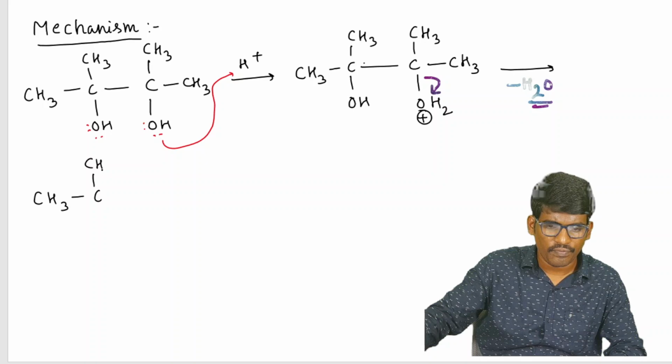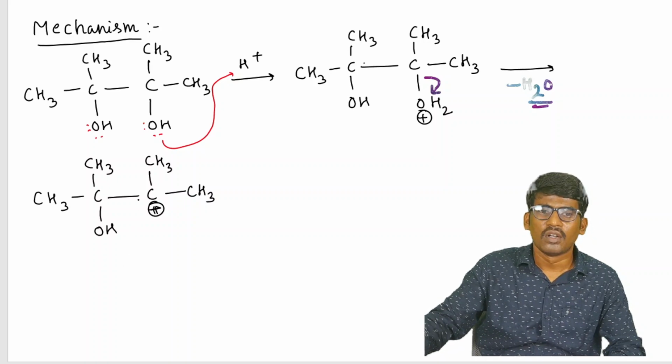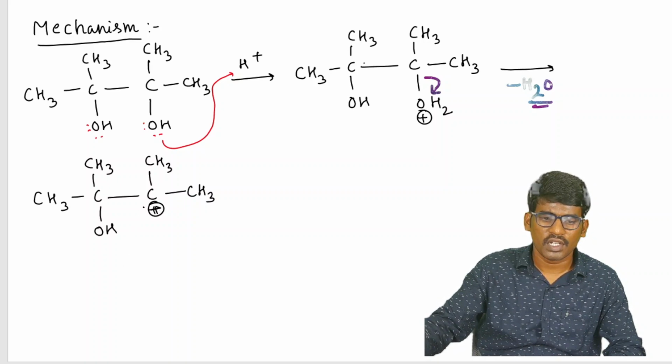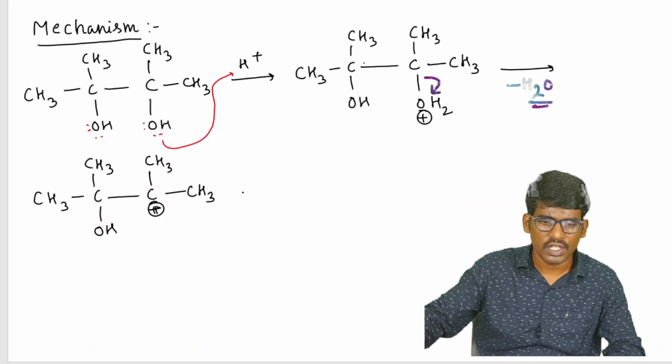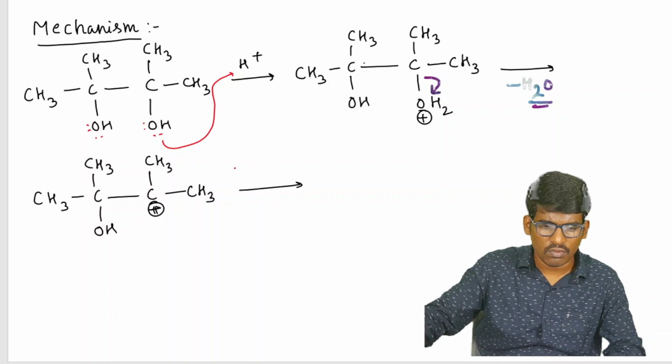What is the next step? CH3, C, CH3, here OH, and it is connected to CH3, CH3. The carbon acquires a positive charge. Once this carbon acquires a positive charge, we have to do the shift, that is, a 1,2 methyl shift.